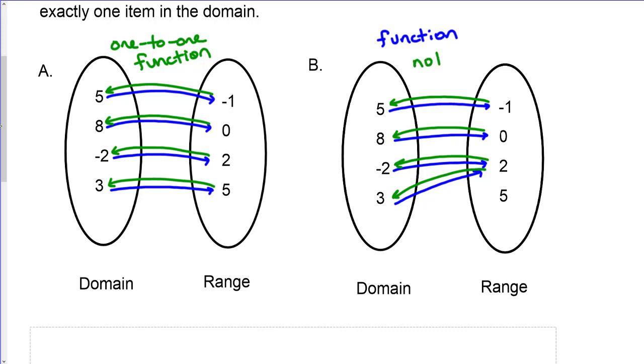So it's a function, but it's not one-to-one. So it basically has to be a function going from the domain to the range and from the range back to the domain. So you really have to have a very nice setup similar to what we had in the first example.